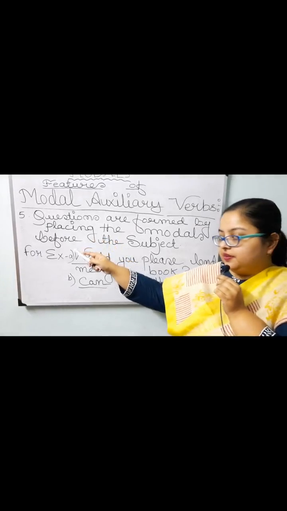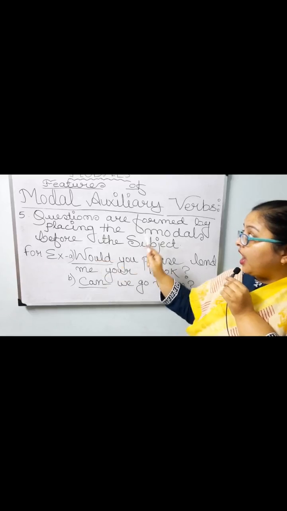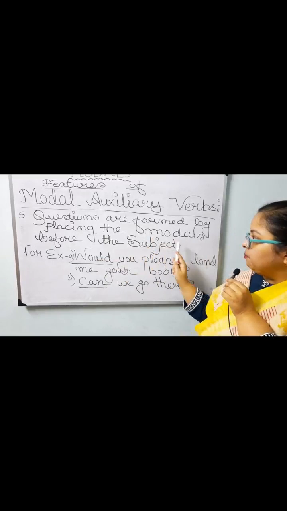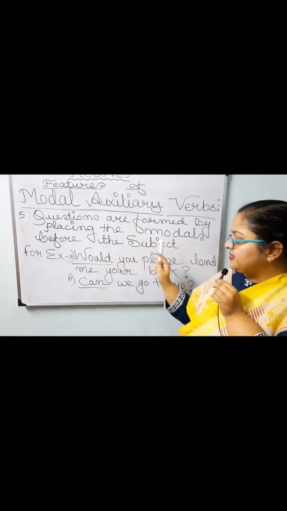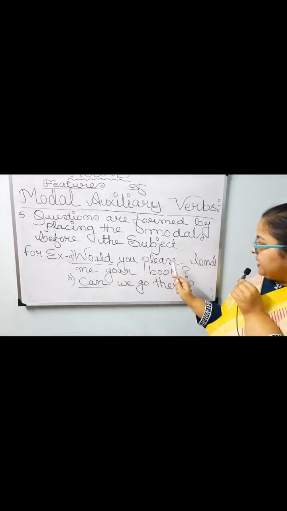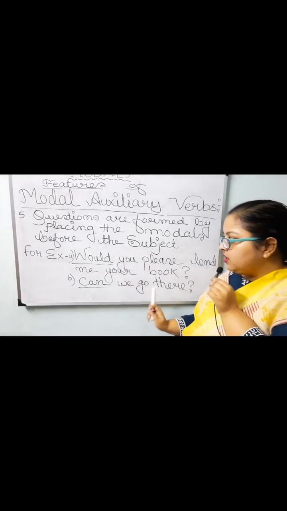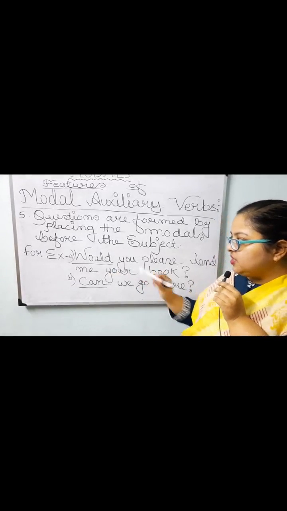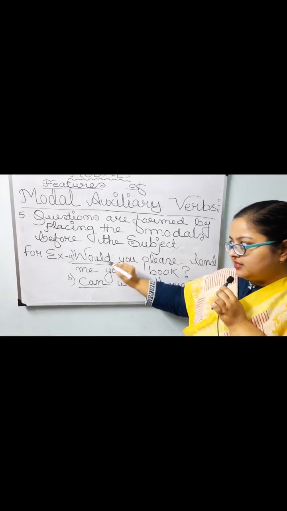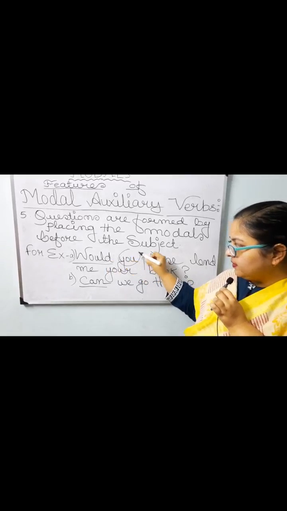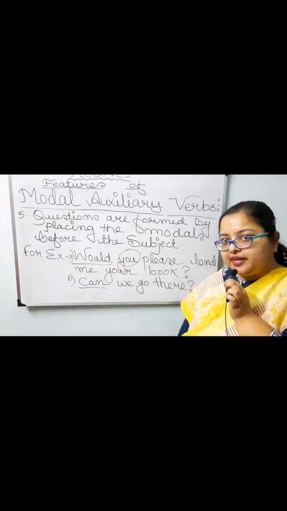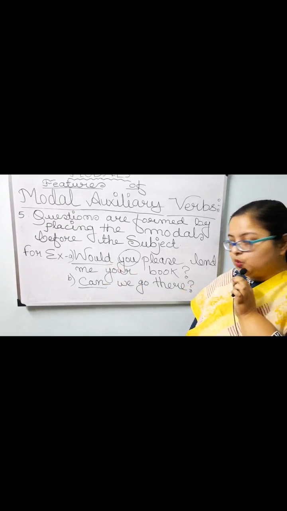Number 5. Questions are formed by placing the modals before the subject. For example, would you please lend me your book? Where the subject is you and the modal auxiliary is would.